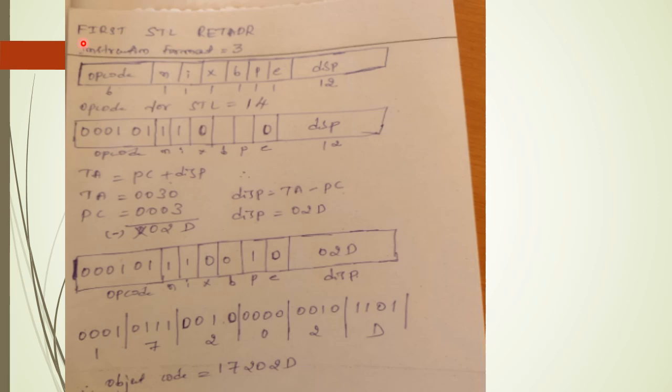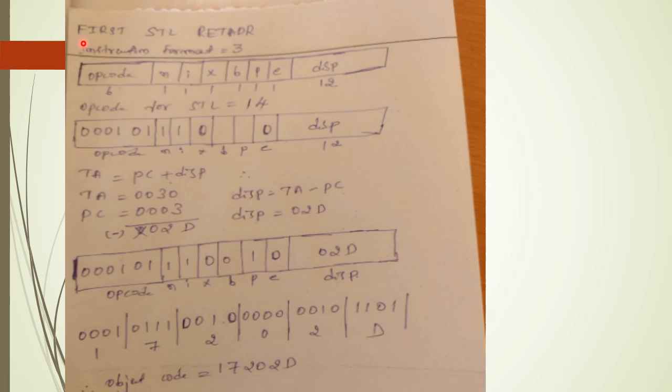That is very easy. You just mention the opcode and then the value of the register. Now we'll see how to calculate the object code for instructions of format 3 and format 4.